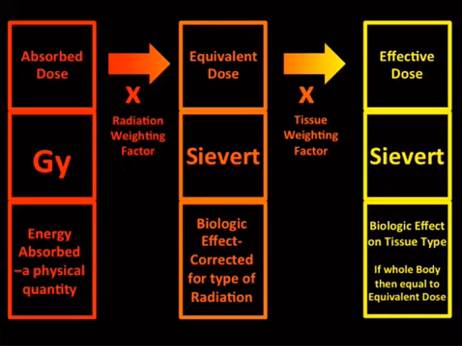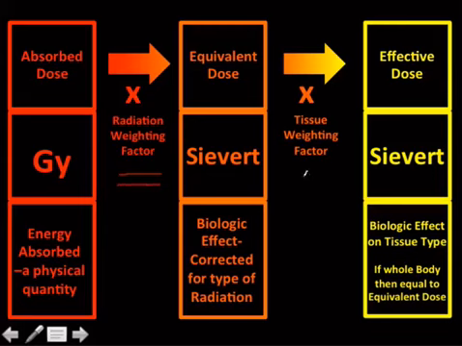It hits harder. It does more damage for this equivalent dose. So it's a correction that's made for the type of radiation. So these are essentially equal for the purpose of X-rays, including CT.